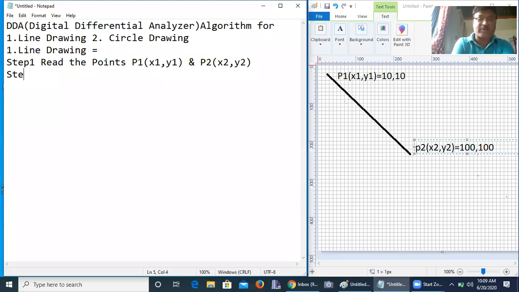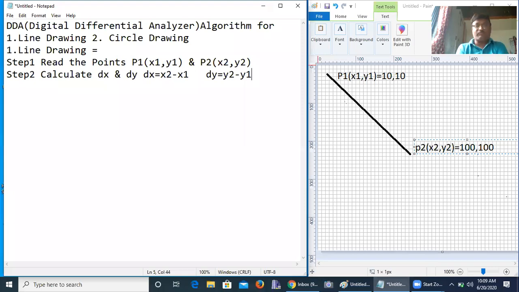In step 2 you have to calculate dx and dy. This is nothing but the difference x2 minus x1 and the difference y2 minus y1. So dx is equal to x2 minus x1, and dy is equal to y2 minus y1.